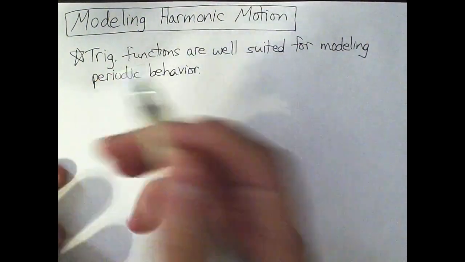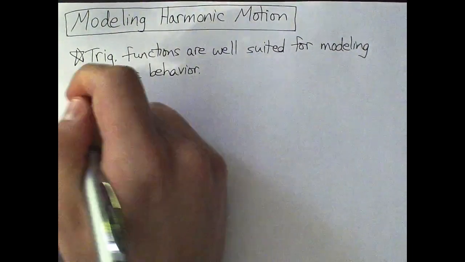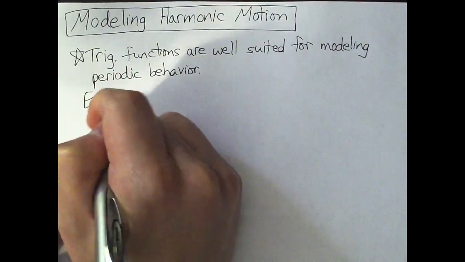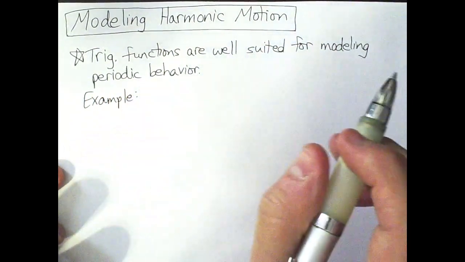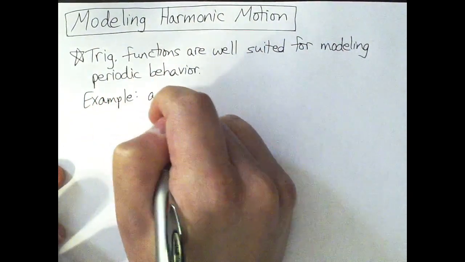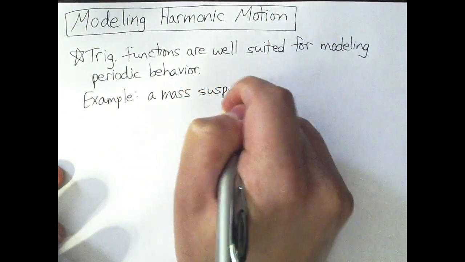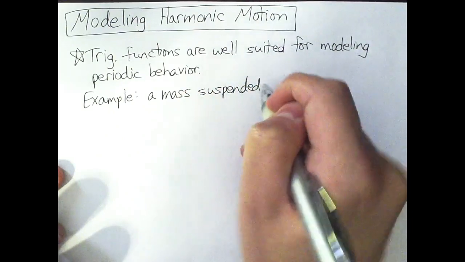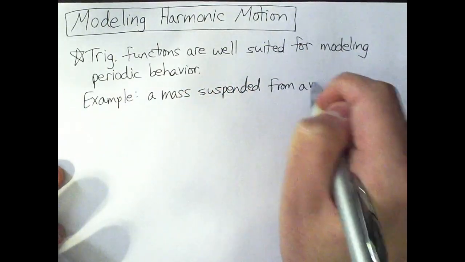So what kind of real world things would have periodic behavior? I guess the most common first example that we usually talk about in a class like this is a mass suspended from a vibrating spring.